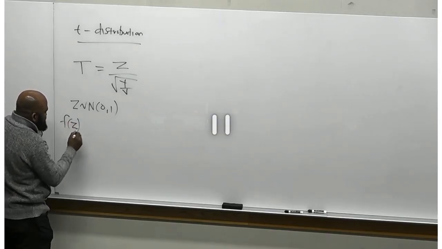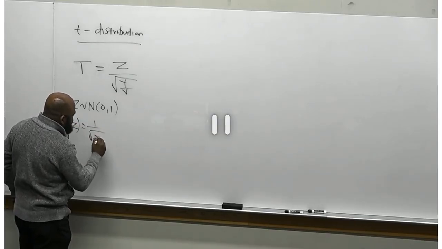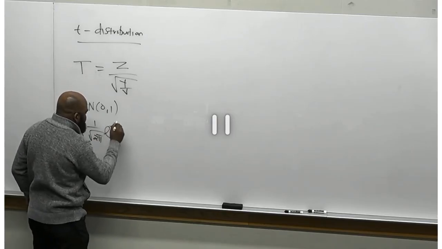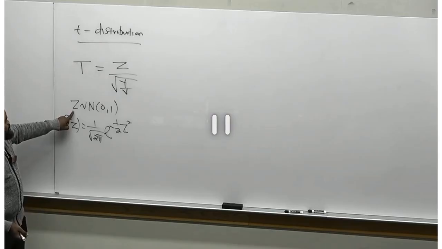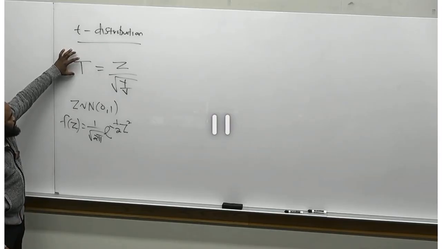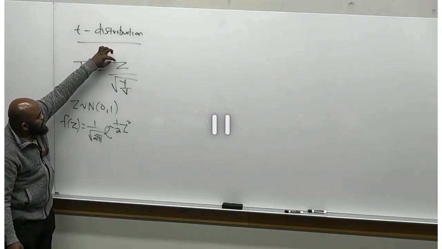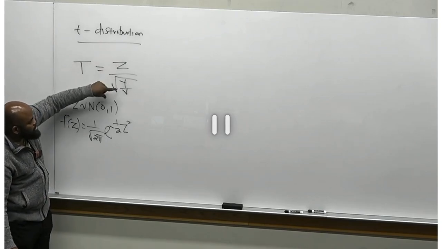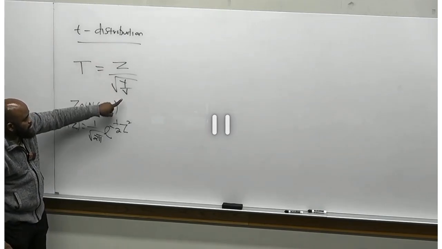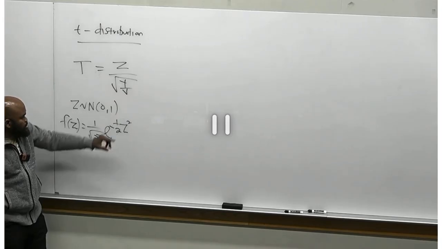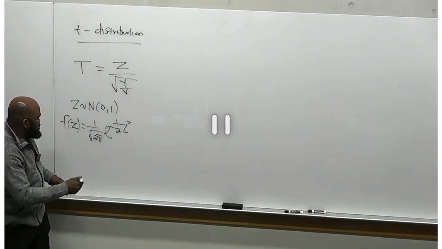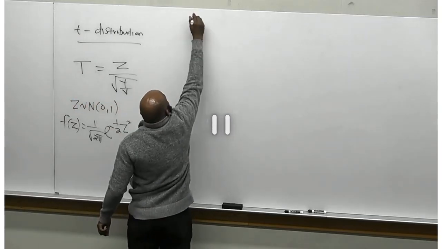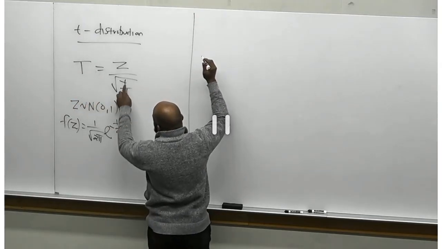So f of Z is 1 over square root of 2 pi, exponential raised to the power negative z squared over 2. Now, to derive a T, we're told that T equals Z over the square root of Y over V, where Z follows a normal distribution and Y follows a chi-squared, and V is the degree of freedom. So right now, I'm writing the distribution for Z, okay? Now, I'm also going to write this for Y.